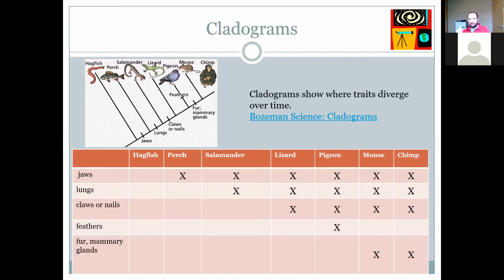And the idea of evolving to have feathers means you can stay warm, right? So you don't think of lizards surviving in the winter in places where it's cold and snowing, right? Now, some lizards are more adept at surviving cold than others, but ultimately lizards are cold-blooded and need warm weather at some point in order to survive, right? Whereas a bird, because they have feathers, they're able to survive much, much colder temperatures, right?